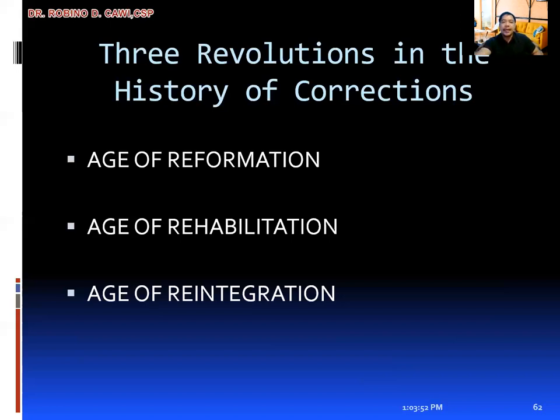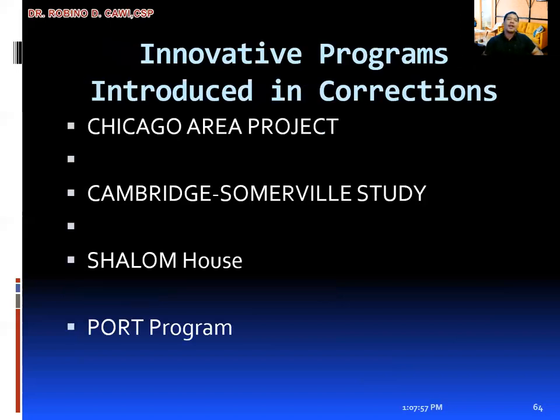And then there are also several programs in the United States that were a product of innovation, for purposes of trying to alleviate the living conditions of the so-called offenders.